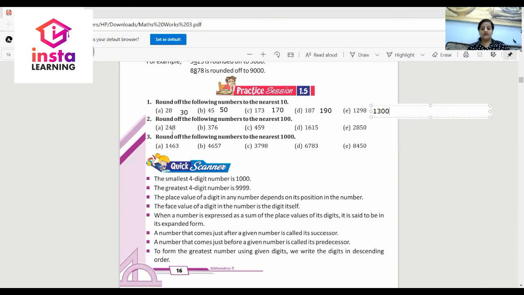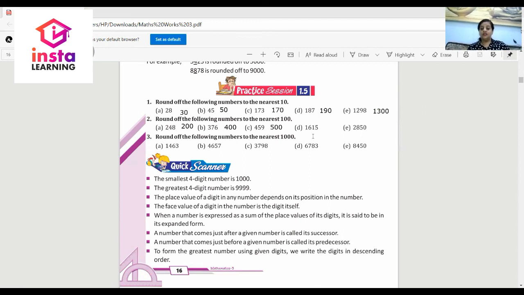For the nearest 100 we have to see the tens place, that is 4. It is going to be the same. So we are going to write here 200 only because it is 248. 376, so we have to write here 400. We have to add 1 to the 100 place. 459 is also bigger, so we will write here 500.